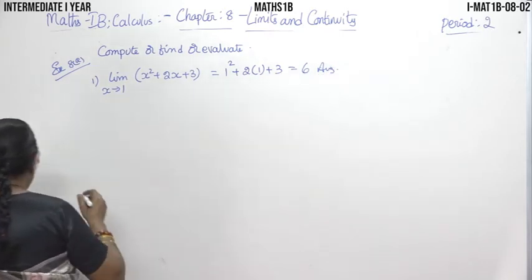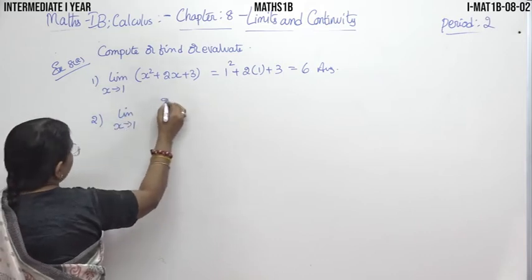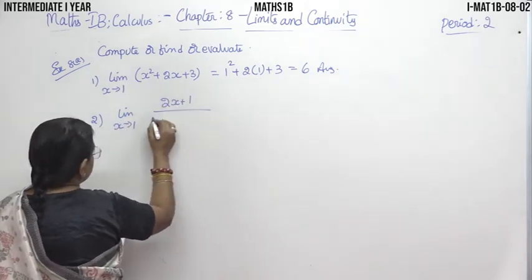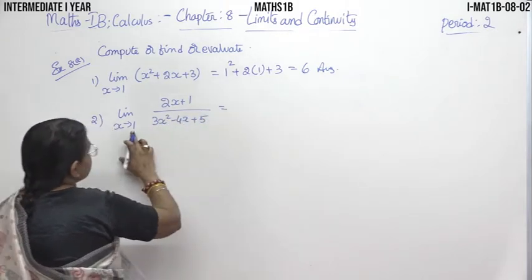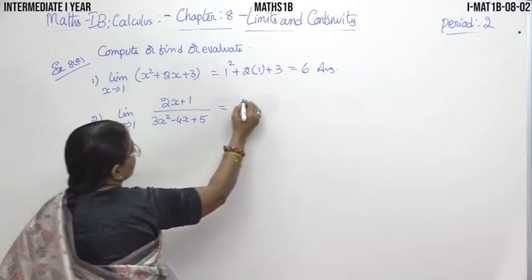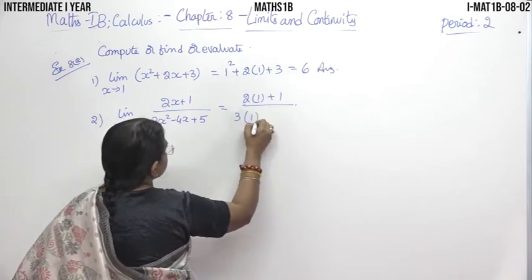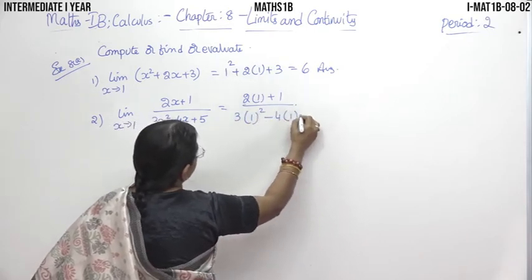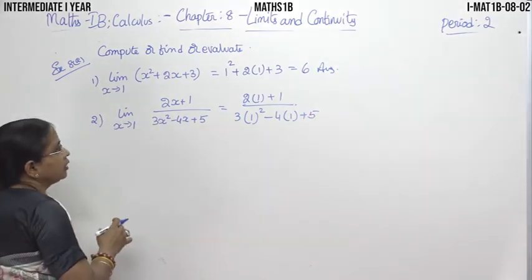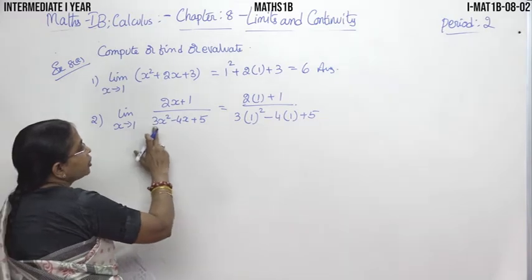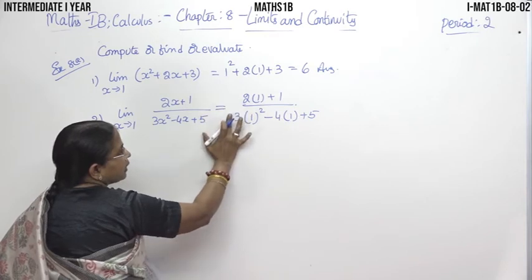Next problem. Suppose it is limit x tending to 1 of 2x plus 1 by 3x square minus 4x plus 5. First substitute, put x is equal to 1. So it is 2 into 1 plus 1 by 3 into 1 square minus 4 into 1 plus 5. So what you should note here is, when you are substituting the limit as 1, you should not write limit again.